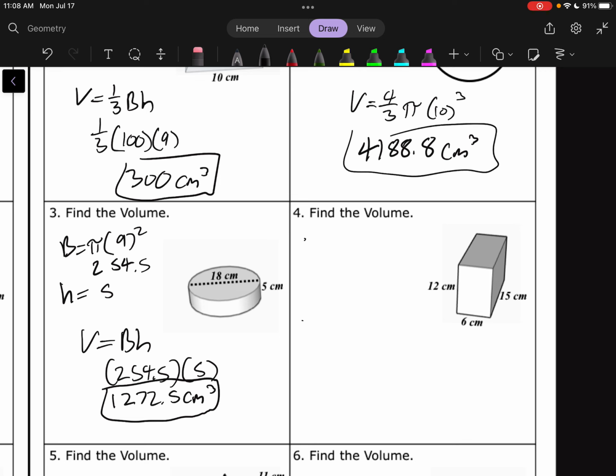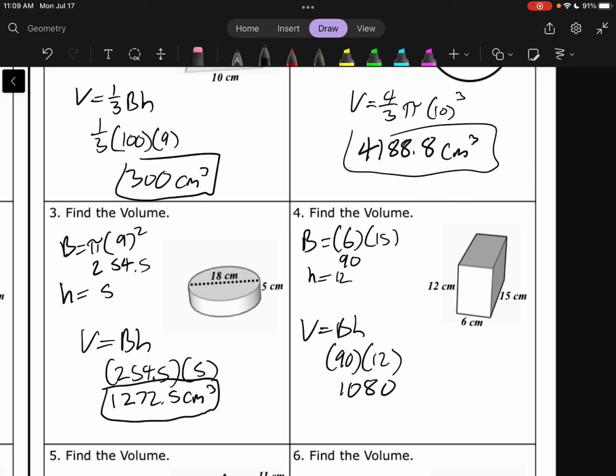For our prism, big BH, or big B, I'm going to do 6 times 15. Six times 15 gives me 90. Our height is 12. So I'm doing 90 times 12. I'm getting 1,080 centimeters cubed.